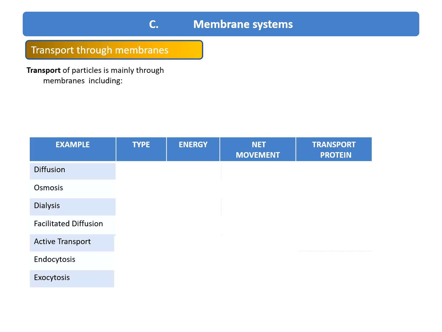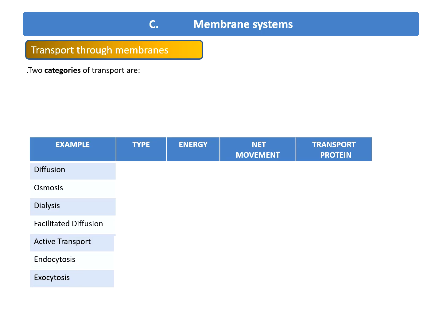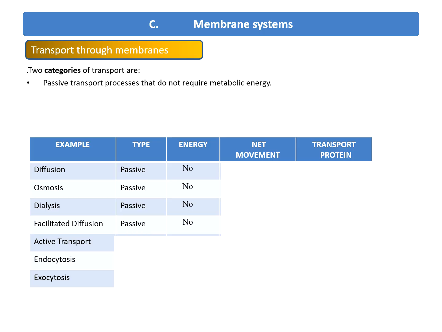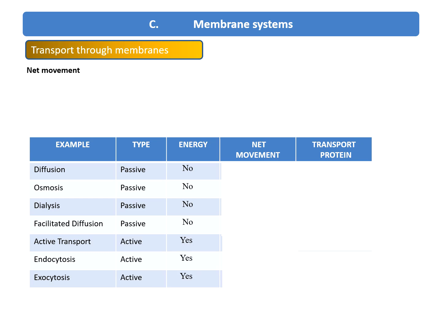Transport of particles is mainly through membranes. This includes diffusion, osmosis, dialysis, facilitated diffusion, active transport, endocytosis, and exocytosis. 2 categories of transport are passive processes that do not require metabolic energy and active processes that do require metabolic energy.